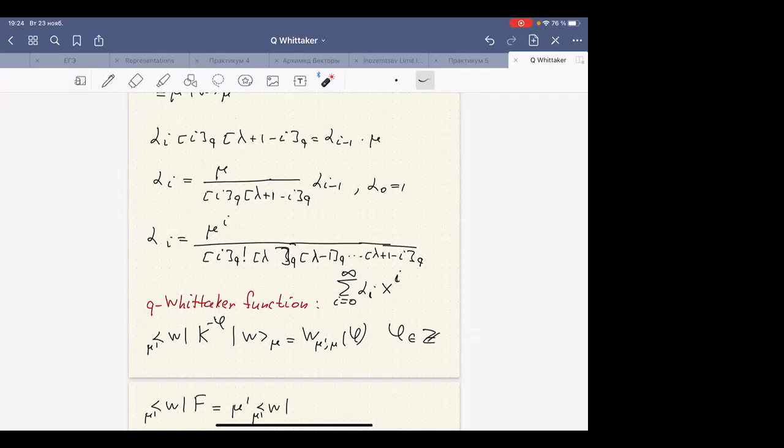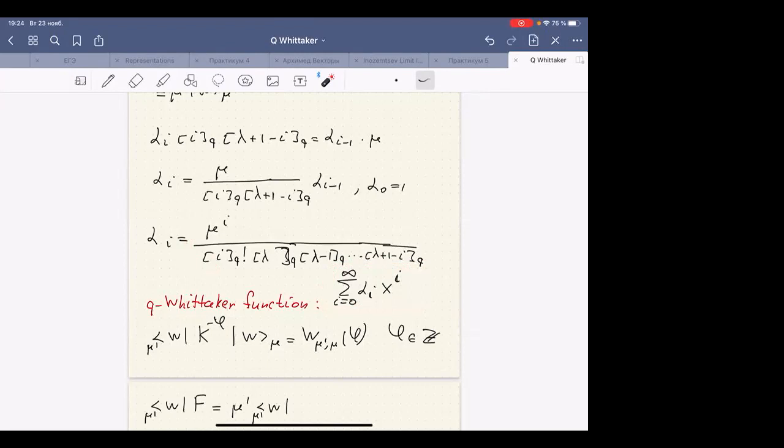Suppose it is convergent, then we obtain some function. I do not really know anything about such expressions. They do not look very complicated, these coefficients. But I don't know.